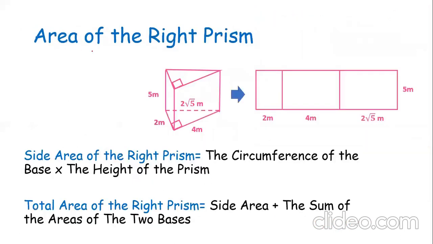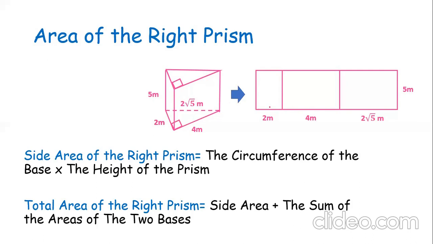Now we move to calculate the area of the right prism. So here we have a right prism with bases, the bases taking the shape of triangles that are equal in size and shape. In this case, if we consider this actually made of paper, we can bring scissors and cut the side area.